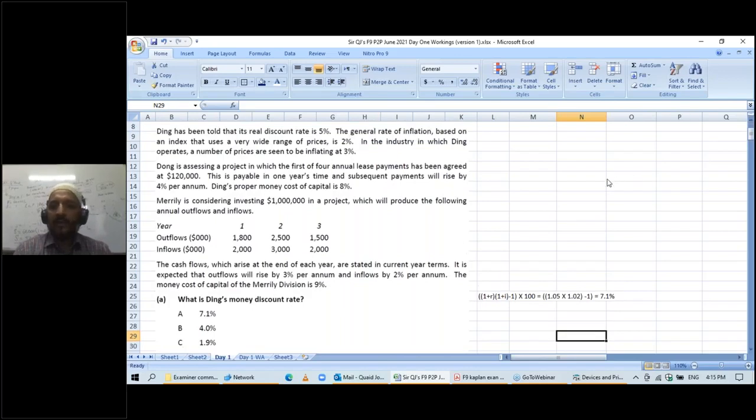So the figures being picked from the question are as follows. I've picked the real discount rate from here and the general inflation rate, which is 2%. So this is where I have picked the figures from the question.